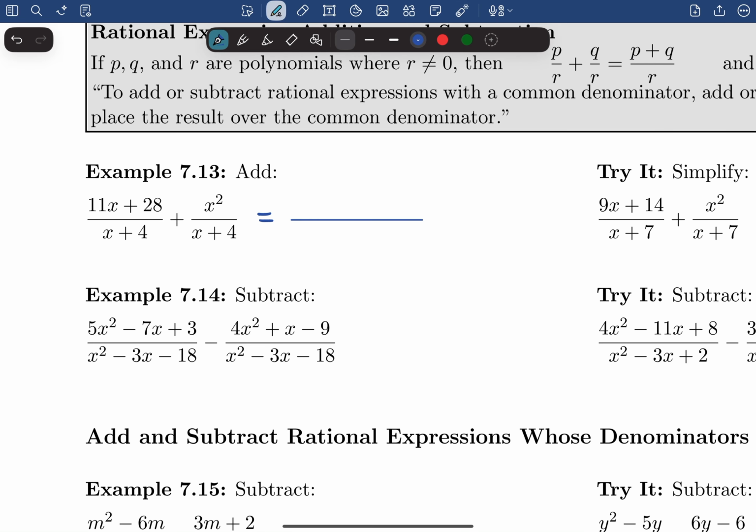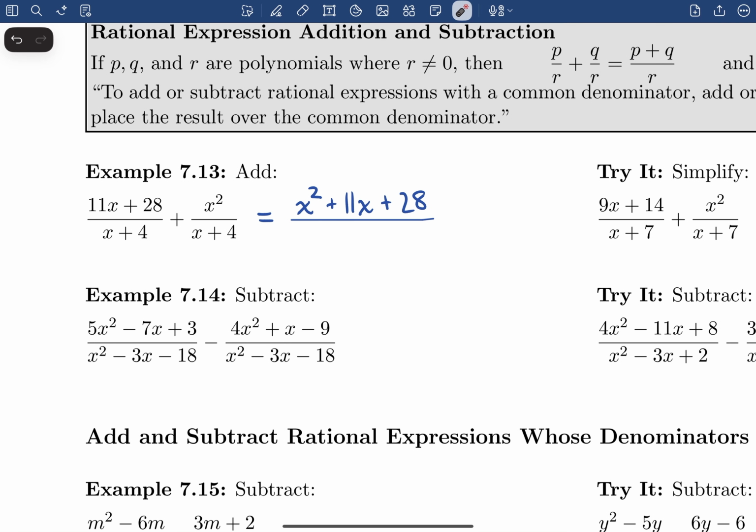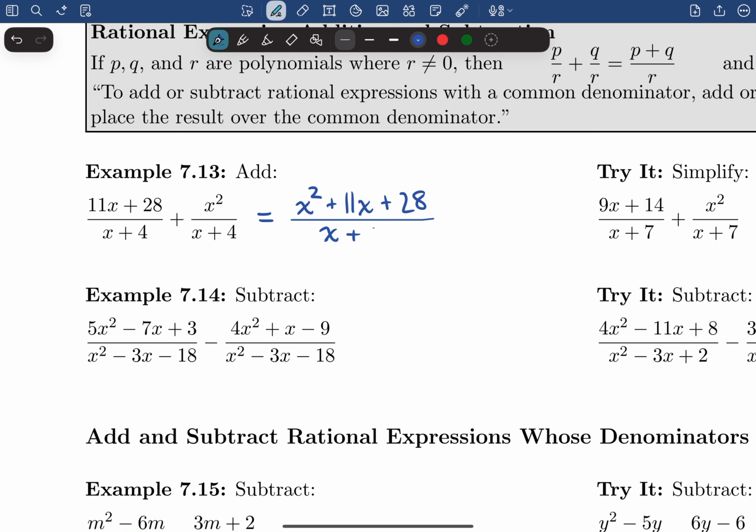When we add these things together, we want to put the quadratic terms first, and then the linear terms next, and then the constant last to put things in standard form. We like the powers of the variable to go in order from highest power down to least power. And so now I have the x plus 4 common denominator that I write on the bottom.